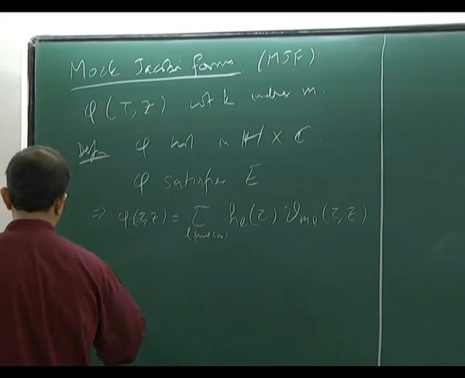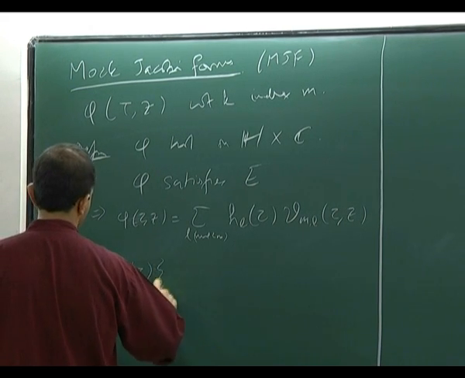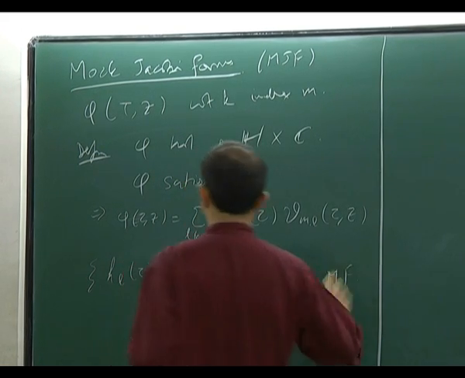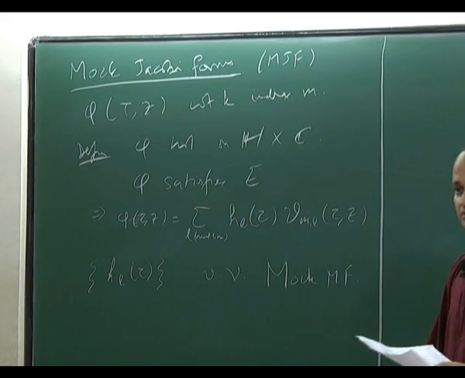But now you demand that h_L of tau is a vector valued mock modular form. So that's the definition of a mock Jacobi form.